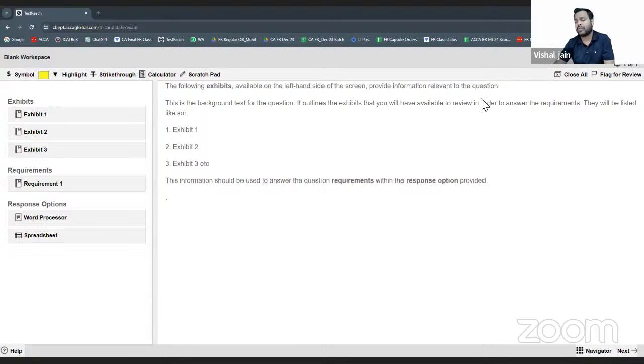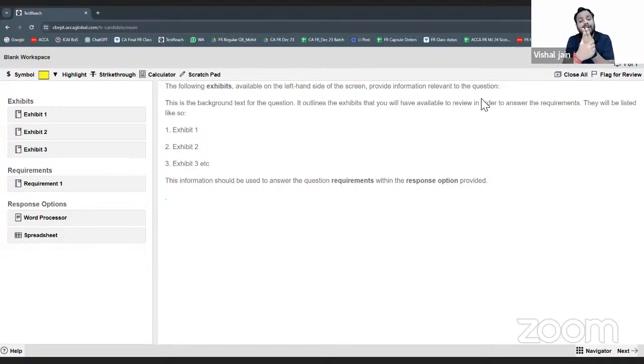If you are solving questions in pen and paper mode, please stop it right away. It will take you nowhere. The key to success in SBR, three things. First, conceptual clarity. Second, practice of sufficient questions. Third, practice in the ACCA practice platform only.